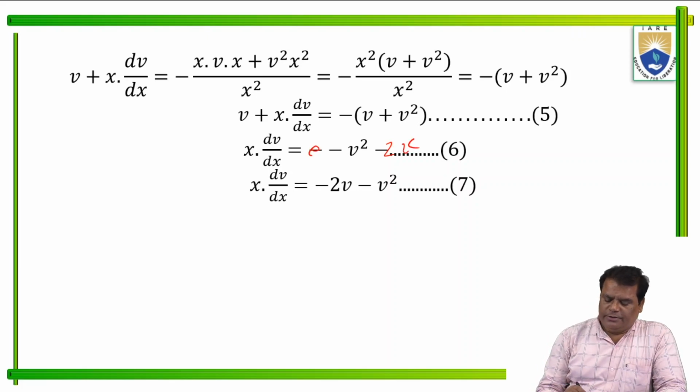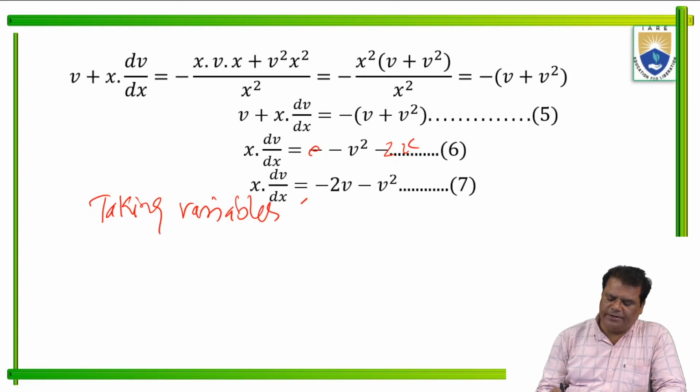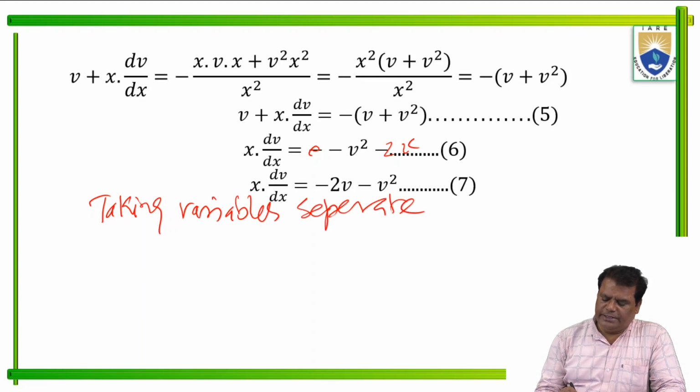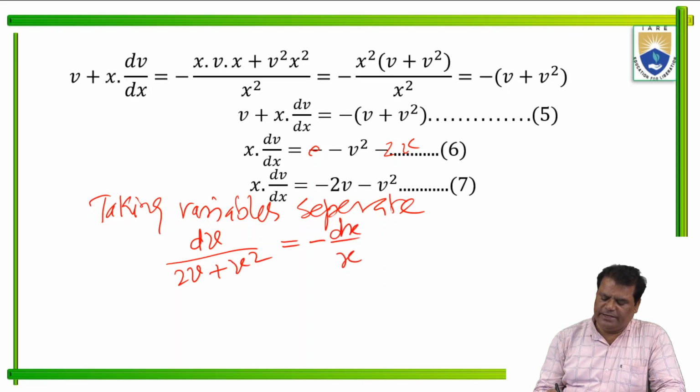Next, taking variables separate. Here, separate. So here dv upon 2v plus v square equal to minus dx upon x, integrating on both sides.